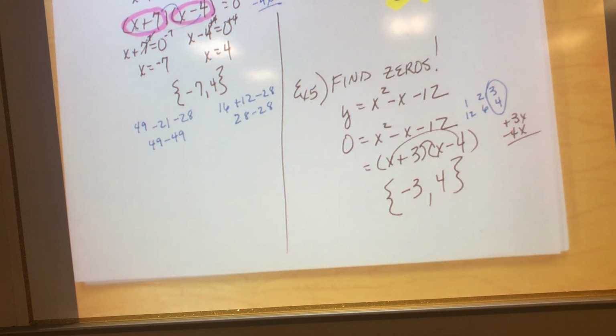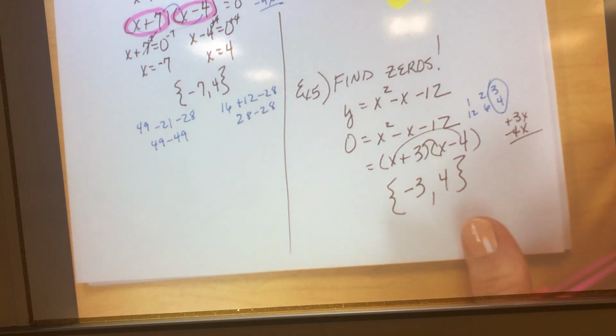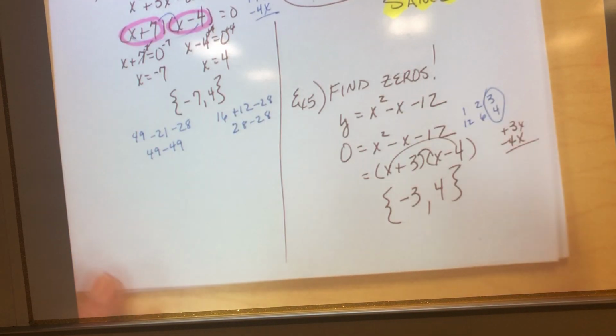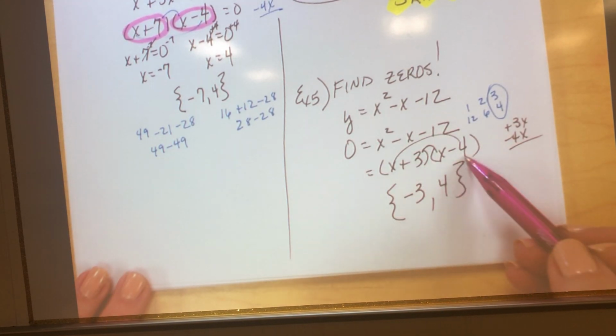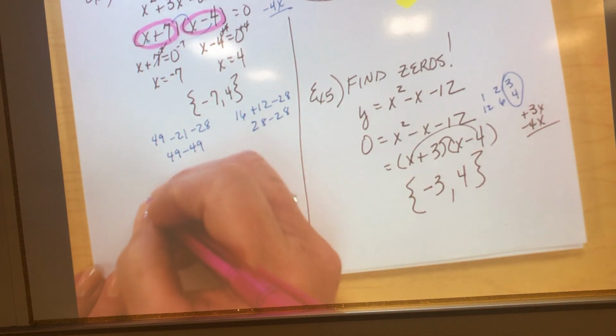And this is my solution set, because those are my answers, my zeros, my roots, my solutions, my x-intercepts. So on our packet we turned in, it had a place for x-intercepts. Were we supposed to write it like that? No, but I am going to tell you, I wasn't going to tell you today, but I will since you asked, okay? So remember when you got the thing, it looked like this.